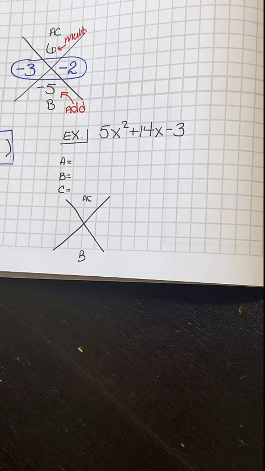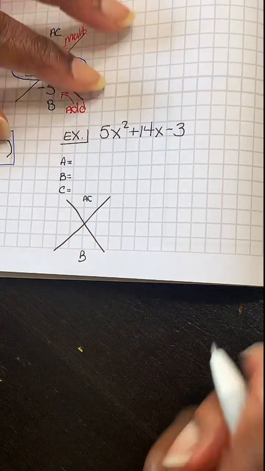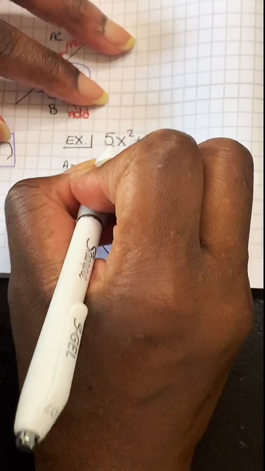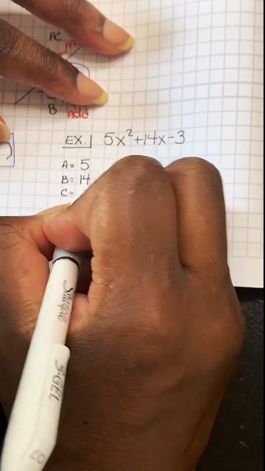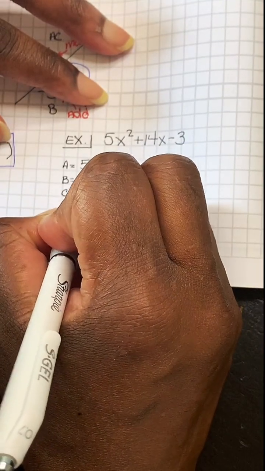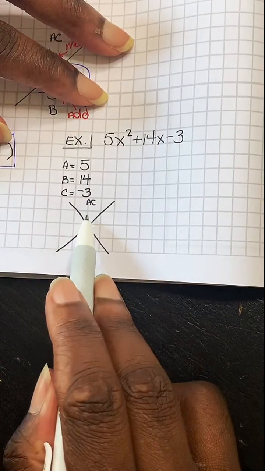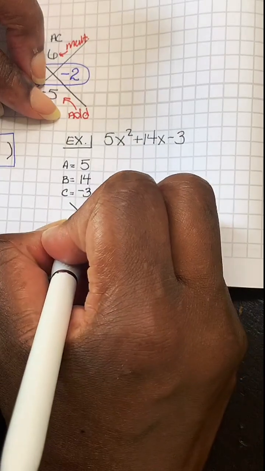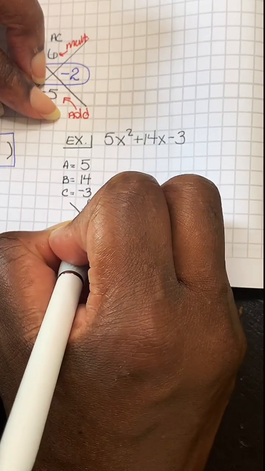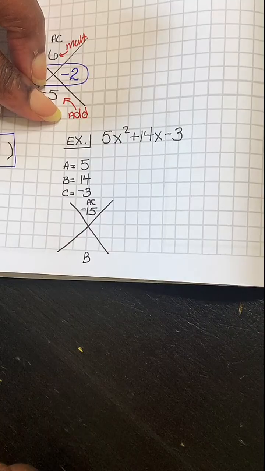Any guesses? All right. So you like the grid? Yep. We have grid and we have dots. So my A is 5, my B is 14, my C is -3. So to fill in this spot, we need to multiply my A and my C, which is -15.